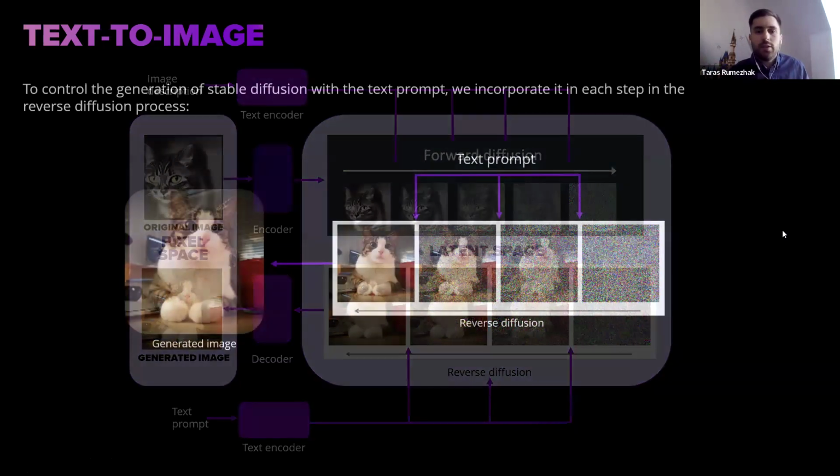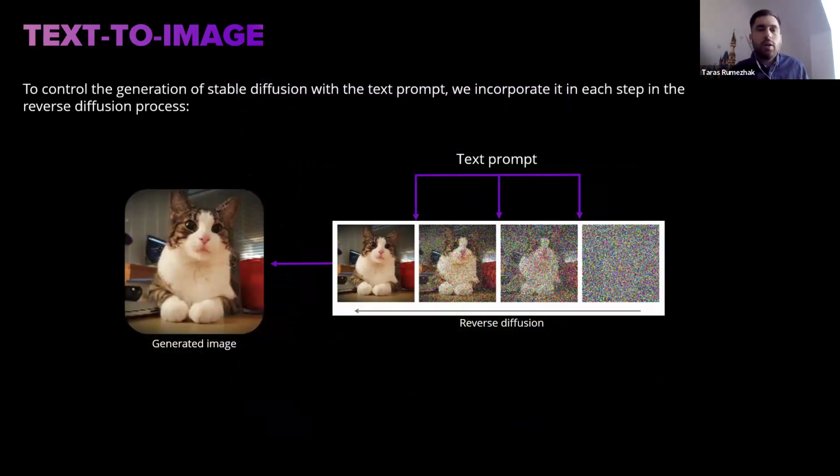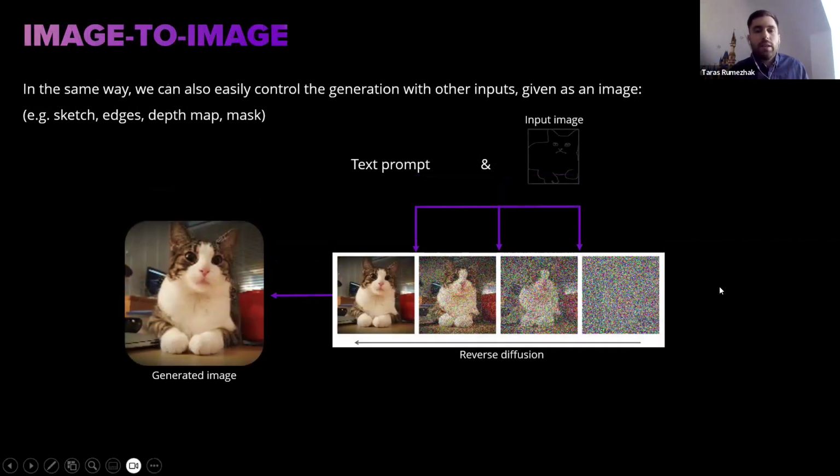If something is unclear, feel free to ask questions in the chat. Actually, here it's just a summarization of this text to image. This textual prompt is a way to control the generation, because actually you can generate something without a textual prompt. But if you want to receive a specific object, it's the only way for now with classical Stable Diffusion to receive the result of a cat, for example.